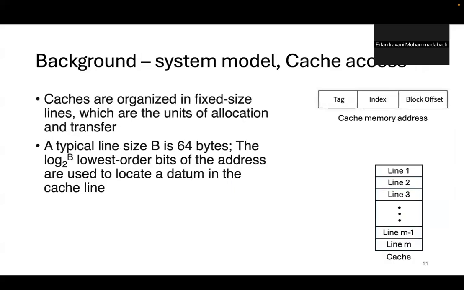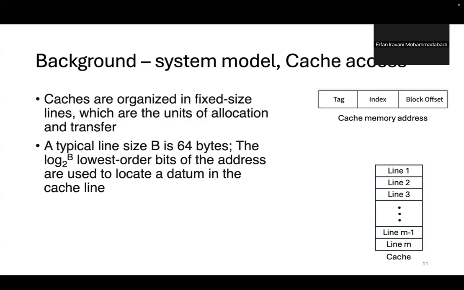In this slide, we'll discuss how data is accessed in the cache and the concept of cache lines. Caches are organized into fixed-size lines, which are the fundamental units of allocation and transfer in cache memory. It means that instead of loading an individual byte, the CPU fetches an entire cache line at once, which improves efficiency by exploiting spatial locality.